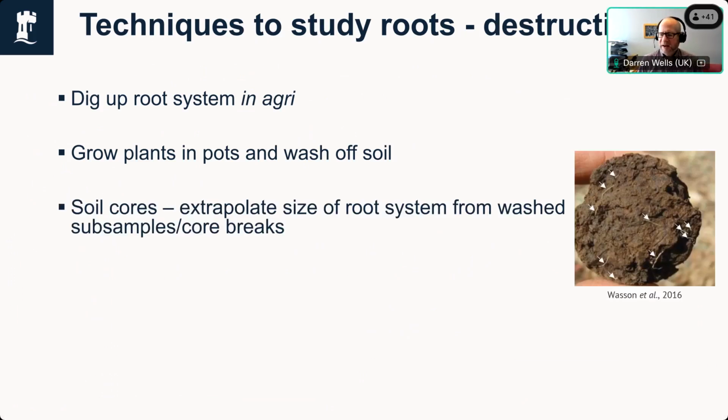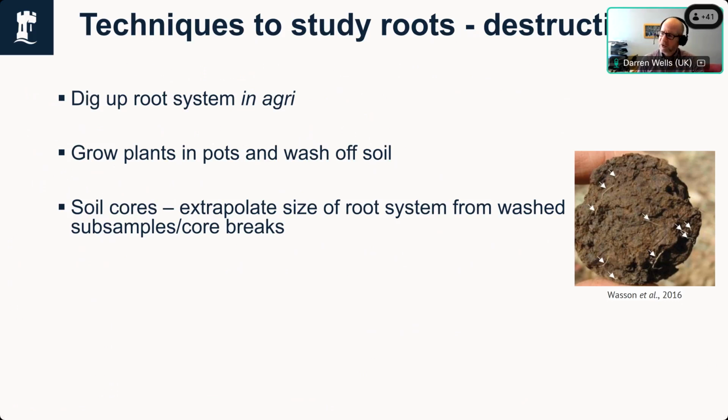A way of doing slightly less damage to your field than digging up all your root systems is to use soil cores. You can use soil cores a bit like the washing system, where you wash the entire core and extract the roots at each profile, or you can speed it up by doing core breaking, which is what this little image shows. This was a system developed by Michelle Watt's group that uses core breaks.